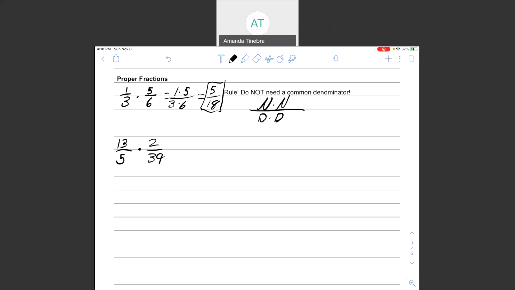Okay, so to solve this, just like before, I'm going to start by doing the numerator times the numerator. That's 13 times 2. That goes on the top. And denominator times denominator, 5 times 39. And that goes on the bottom. 13 times 2 is 26. 5 times 39 is 195.